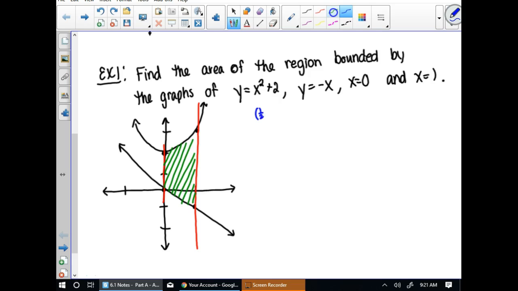So if I plug in 1/2 squared plus 2, that's going to give me 1/4 plus 2, so 2.25. Whereas if I plug in 1/2 to y equals negative x, I just get negative 1/2. 2.25 is clearly higher than negative 1/2. So that would let me know that this is my top function and this is my bottom.